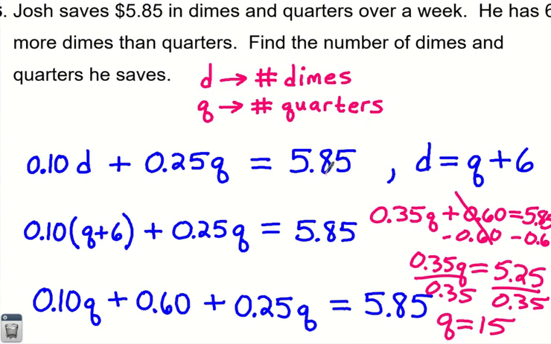So the number of dimes would have been 21. Because there were 6 more dimes than quarters, and if we do 21 times 0.10 plus 0.25 times 15, we get $5.85.